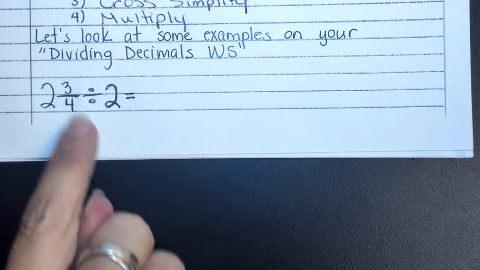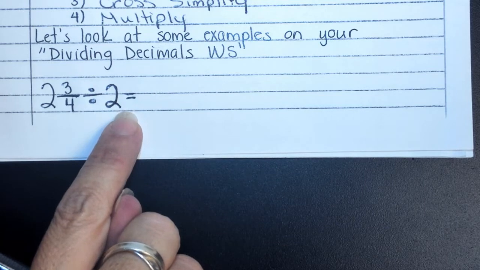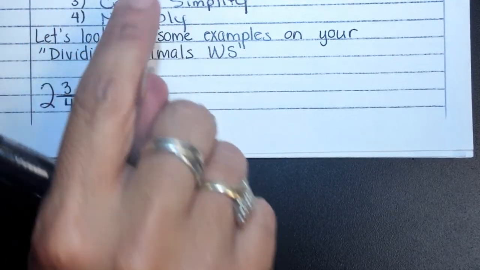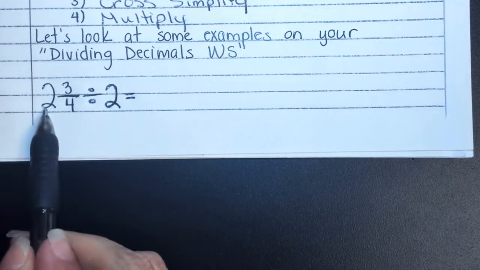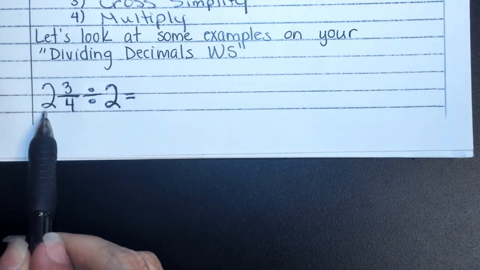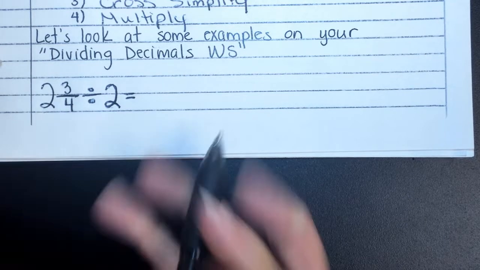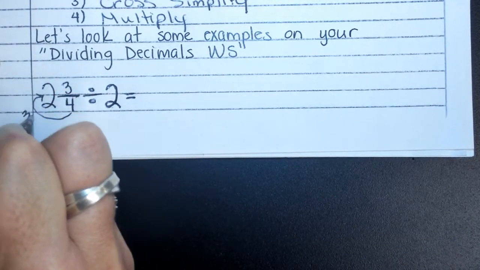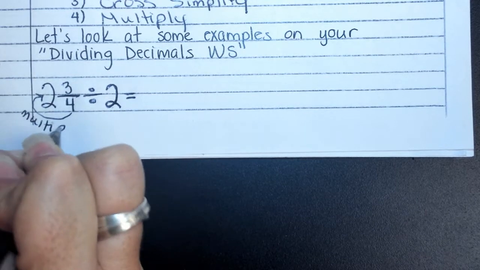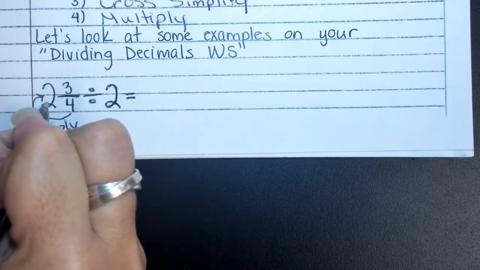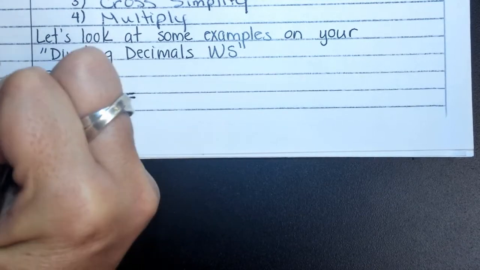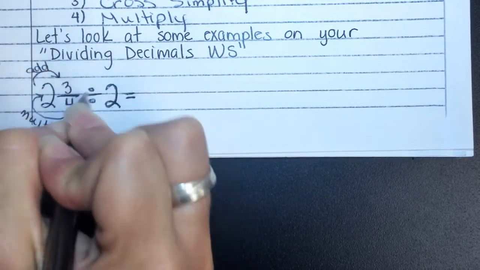Okay, step 1, we write the problem. Okay, officially step 1 up here was, now we need to do what? Get rid of these whole numbers, right? Just like last week, same thing. We're going to multiply, in case you've forgotten, I'm going to write it down. The denominator times the whole number. That gives us 8. We're going to add in the top, which is 3.